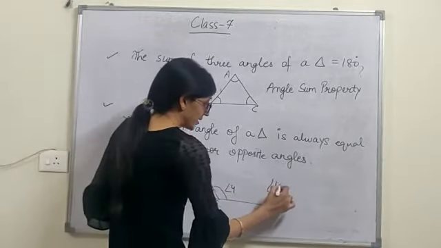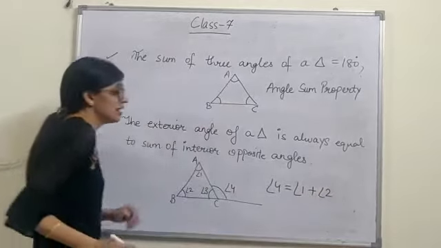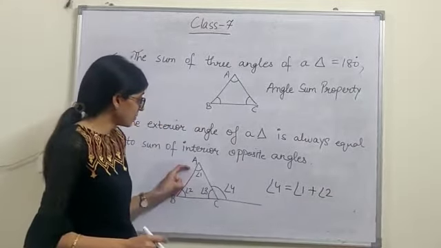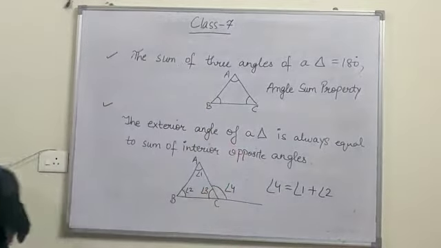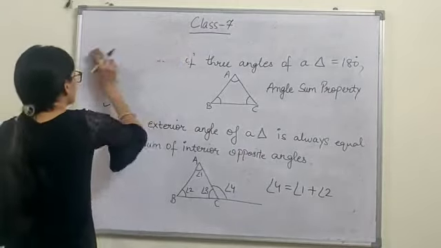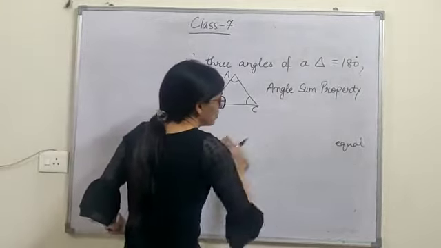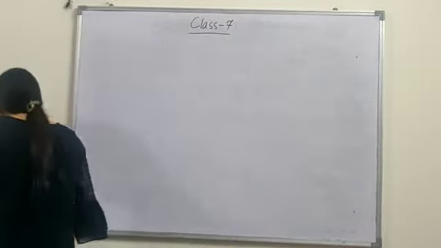So angle 1 and angle 2 are opposite angles, so this is equal to the sum of these two angles. Angle 4 is equal to the sum of interior opposite angles. Now we will do questions based on these two properties. First is angle sum property. So we are doing a question based on angle sum property.